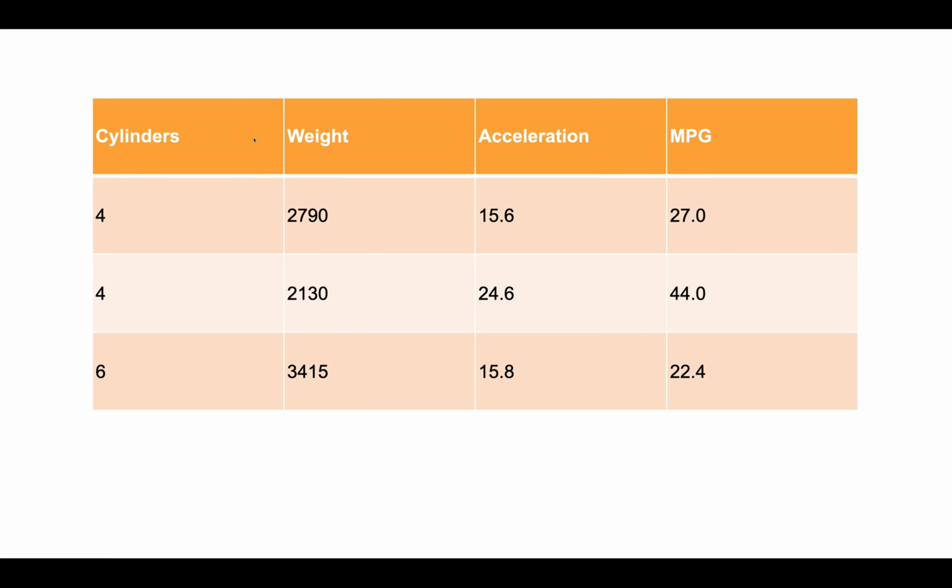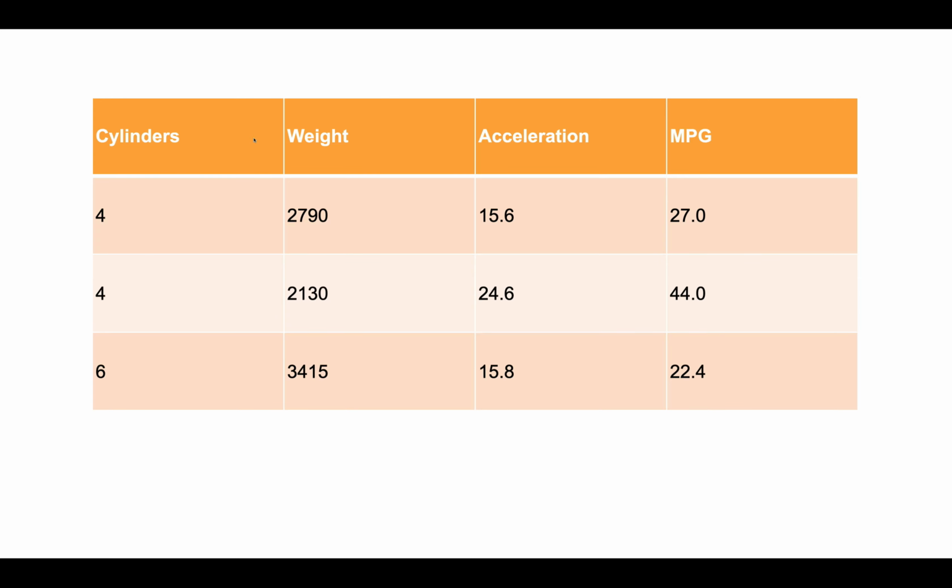Then you give another example, and the third one, for example, has 6 cylinders, a weight of 3,415, an acceleration of 15.8, and it produced an mpg of 22.4. So you keep providing lots of these examples to the machine, and you hope that the machine will learn.